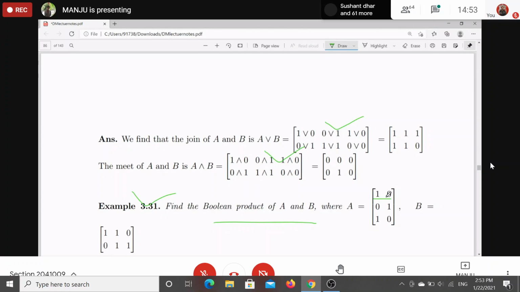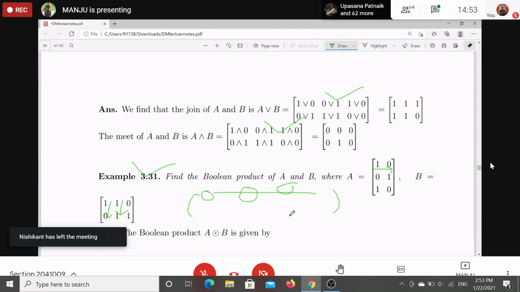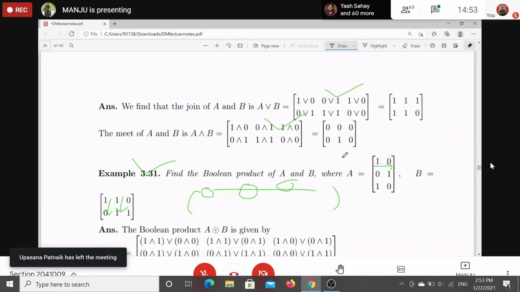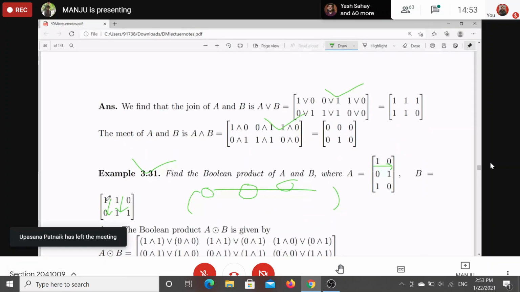So what do you do? First row with first column. This will give you the first element. Then first row, second column gives the second element, then the third. First with first, we take conjunction or disjunction? One with one, conjunction, right?